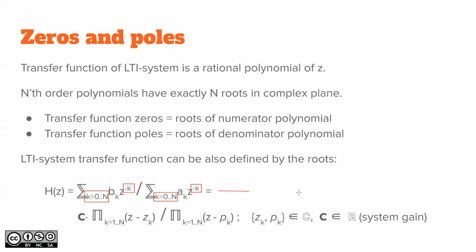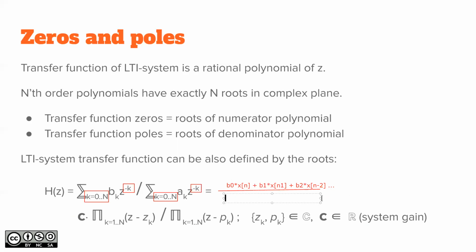So this form here is the same as B0 times x of n plus B1 times x of n minus 1 plus B2 times x of n minus 2, and so on. So that's the numerator.